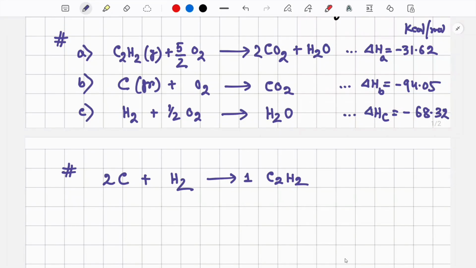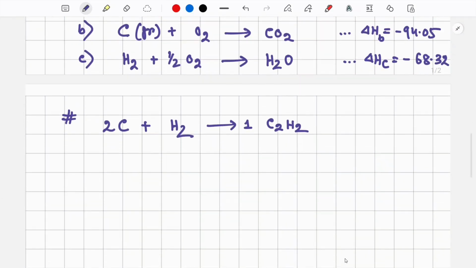First reaction plus 2 into second reaction plus third reaction. First reaction will be negative, it will be in the reverse direction.